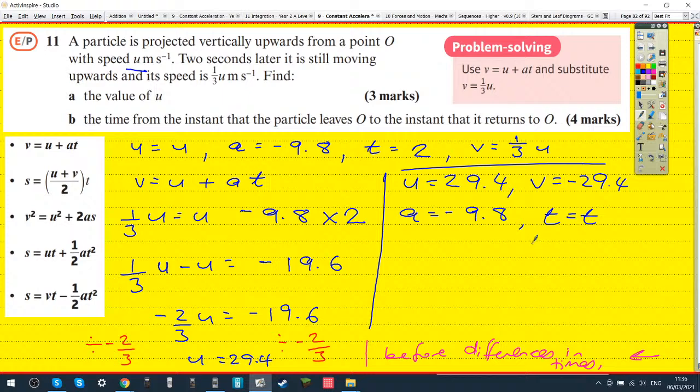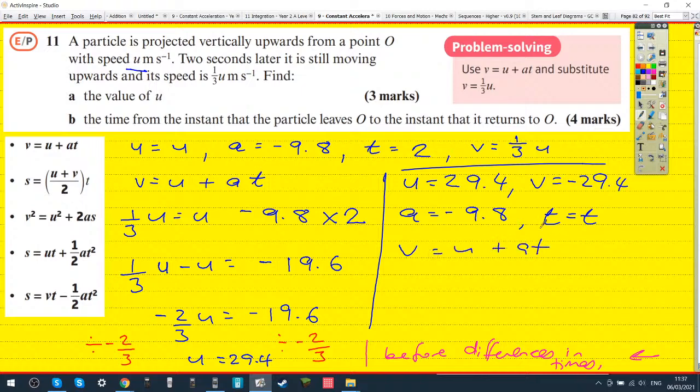Put that in calculator. What one are you doing? V equals U plus AT. Yep. Put that on the calculator.